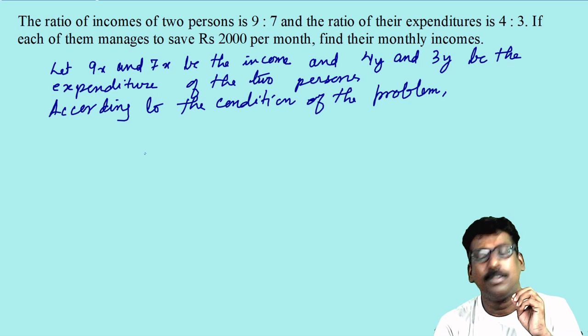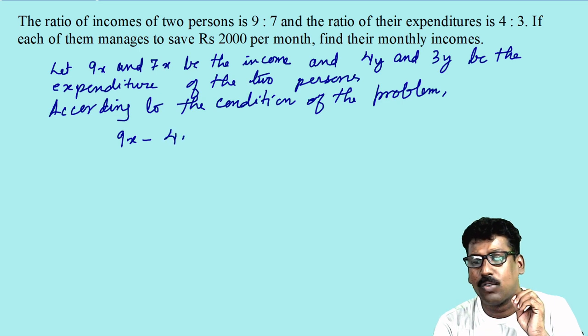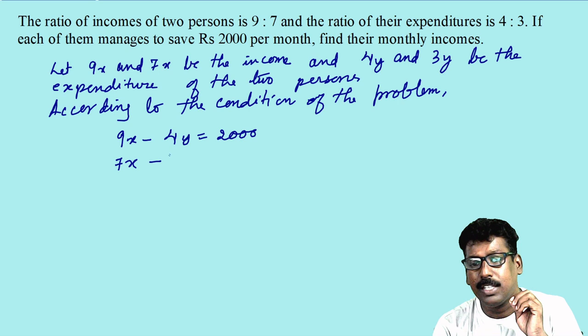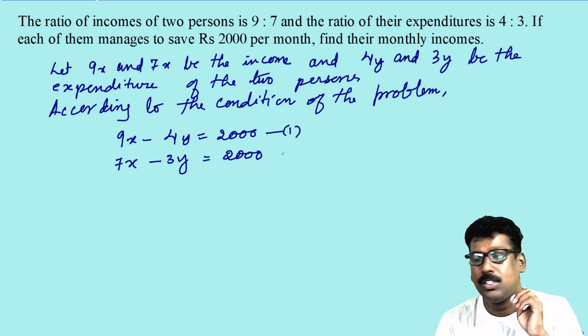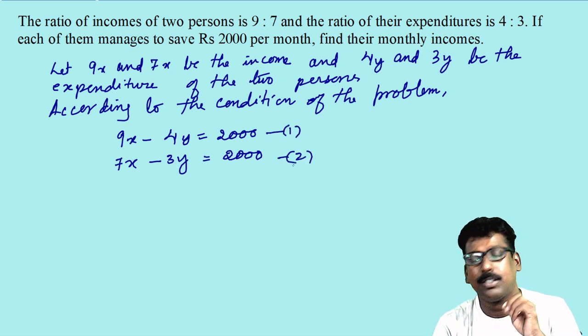First equation, that is savings of the first person, 9x minus 4y is 2000, and second equation is 7x minus 3y, that also 2000. This you can take as first equation and this you can take as second equation.